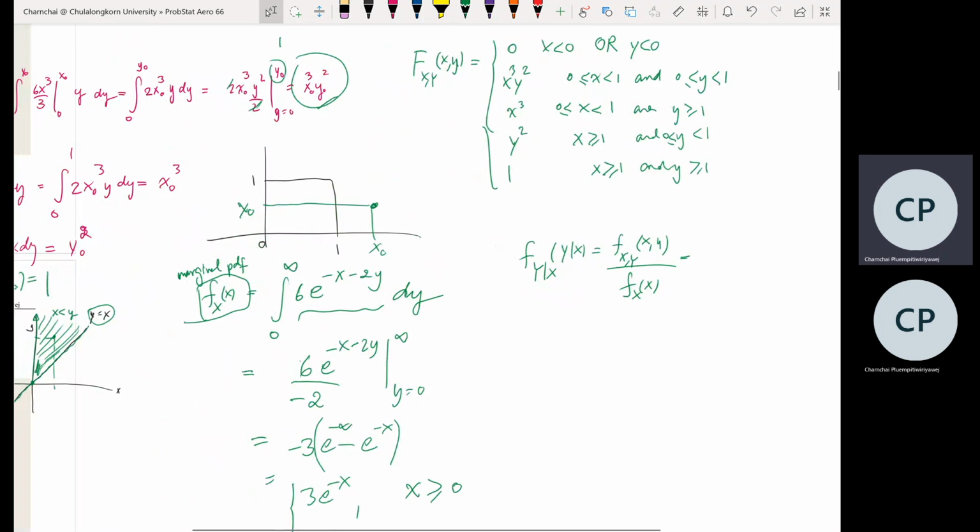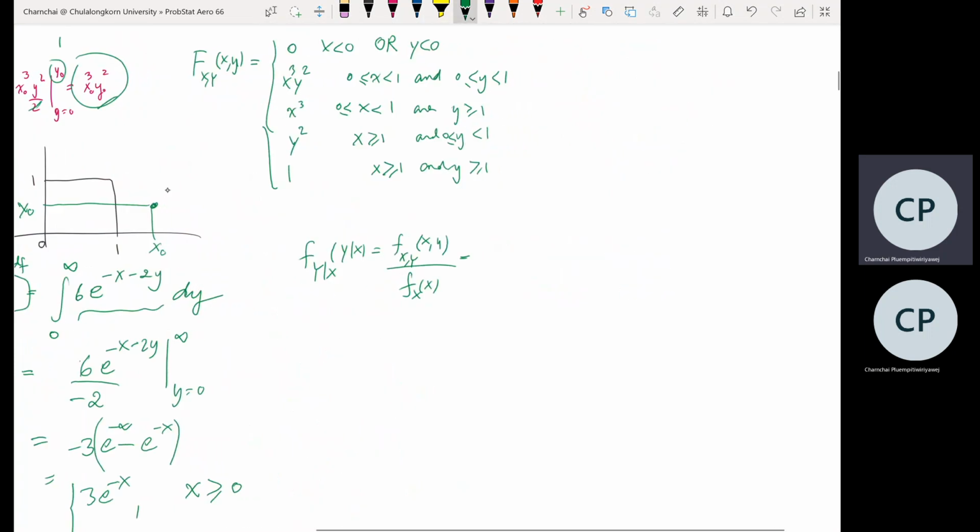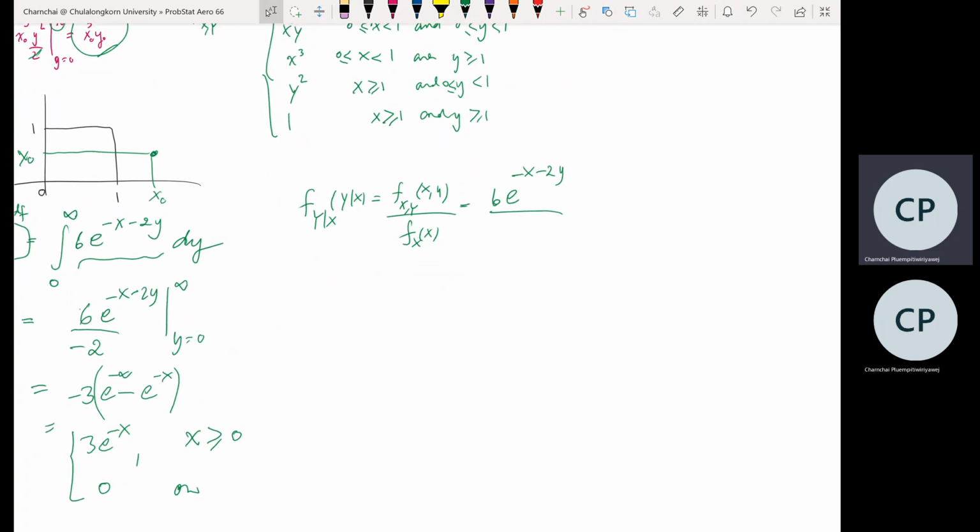Joint x y ก่อนเมื่อกี้ 6 e to the negative x minus 2y over marginal 3e to the negative x.